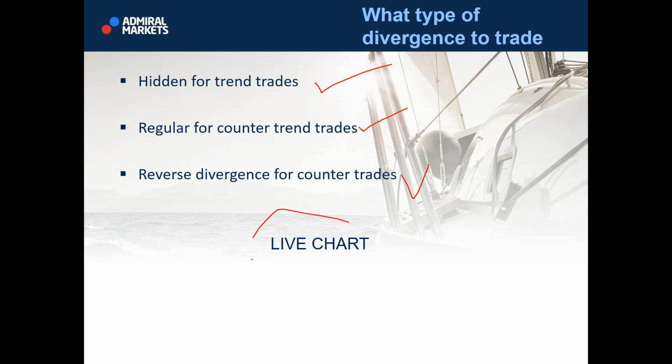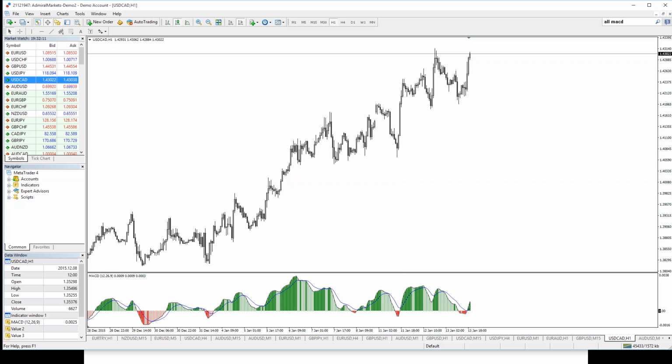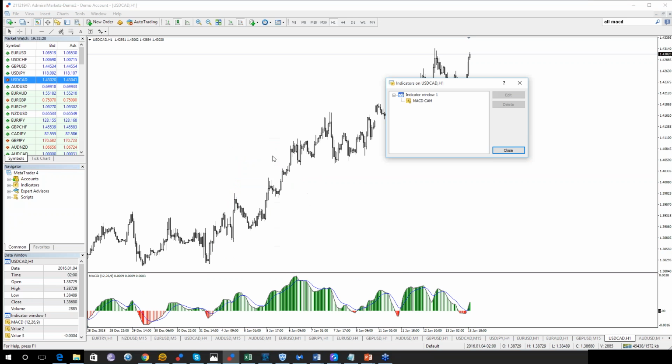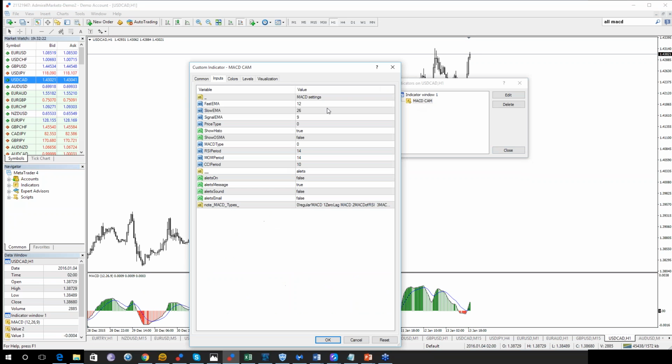Let's see it on a live chart. This is my indicator, and this is how it looks like. For divergence, these are the settings. So this is what I use on the Camarilla MACD template. It is also a part of the practical naked trading template.